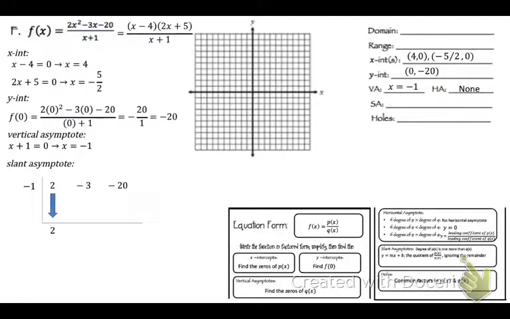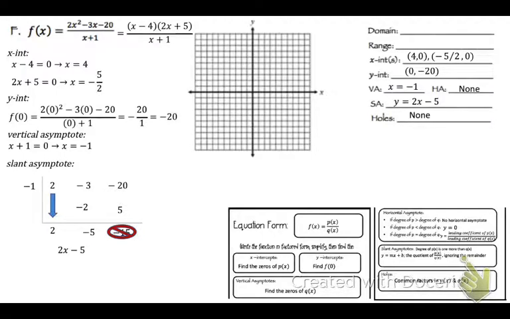Bring down the 2. 2 times negative 1 is negative 2. Add that, you get negative 5. Negative 5 times negative 1 is 5. Add that, and that's negative 15. Okay, that cancels, and my slant asymptote is 2x minus 5. So that's y equals 2x minus 5. There's no holes because nothing canceled.